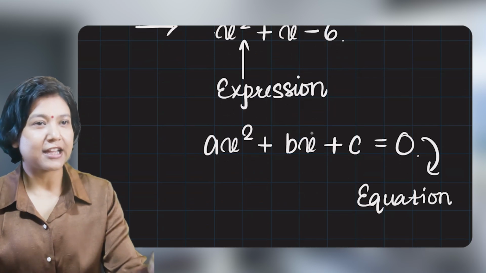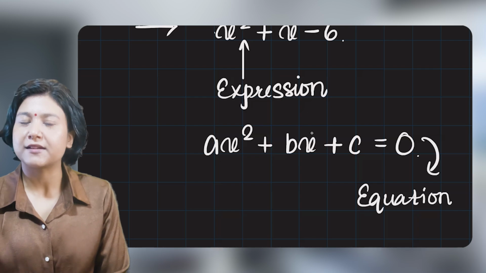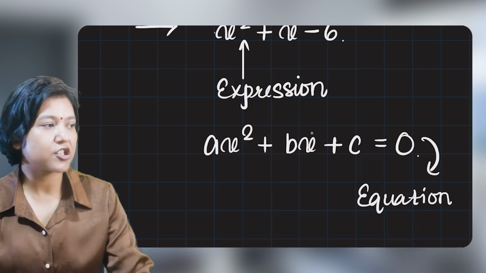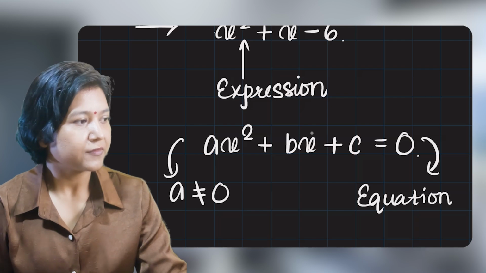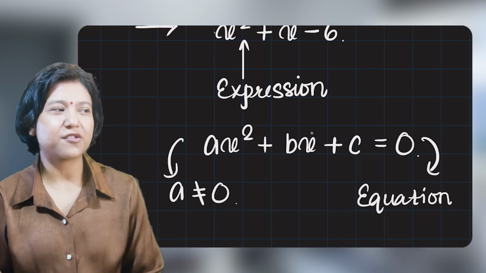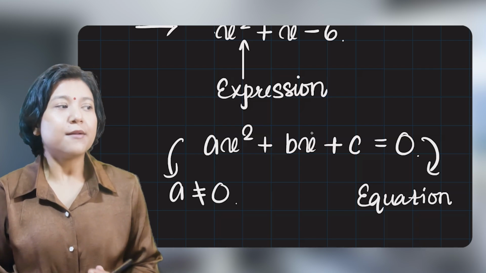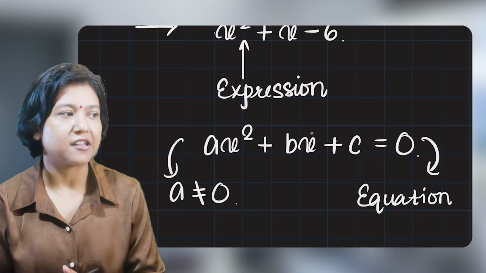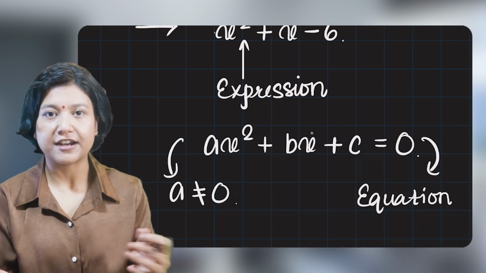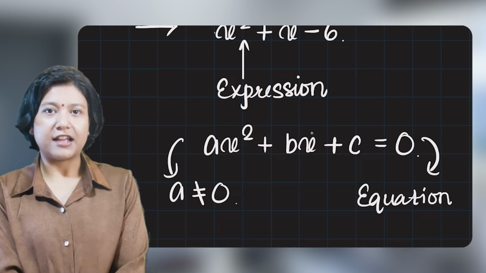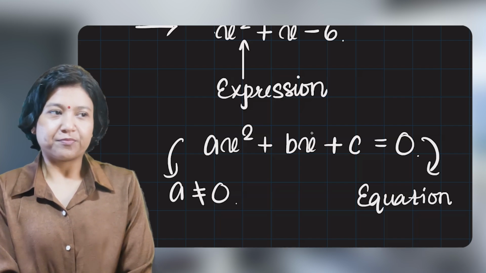The main condition for this algebraic expression to become a quadratic equation is that the value of a has to be a non-zero value. The values of a, b, c can be anything, but precisely, a should never be 0, because if a is 0, this whole term vanishes, and that is when it becomes linear.